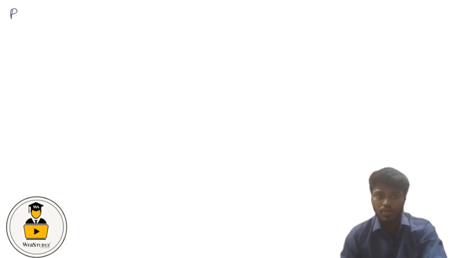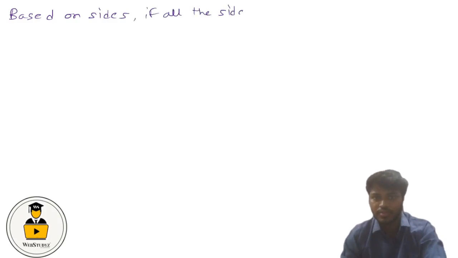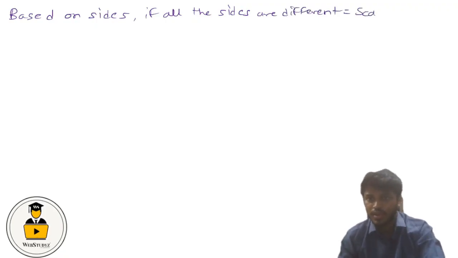So we can say that based on sides, there are three types of triangle. So if all the sides are of different length, then we call such triangles as scalene triangles.